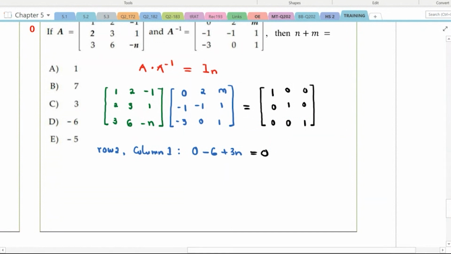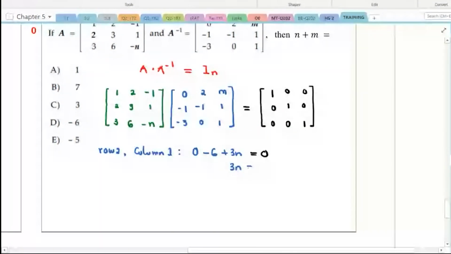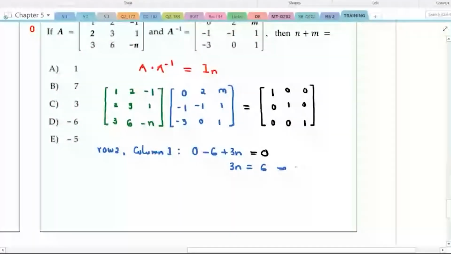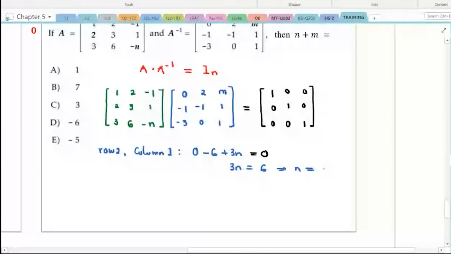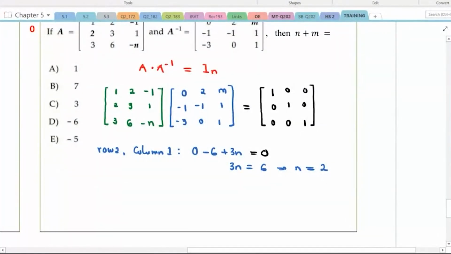Okay, now let us find n. So we can say 3n is equal to 6, and then this means n will be equal to 2. Now, let us look for m.